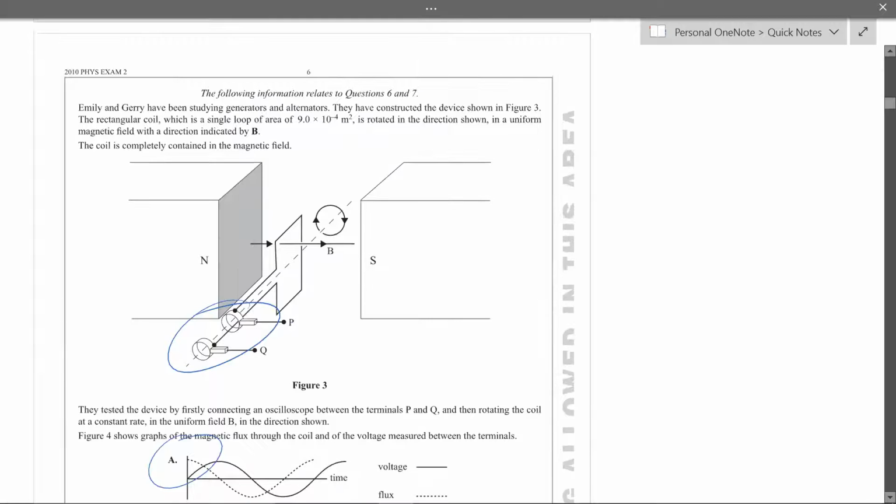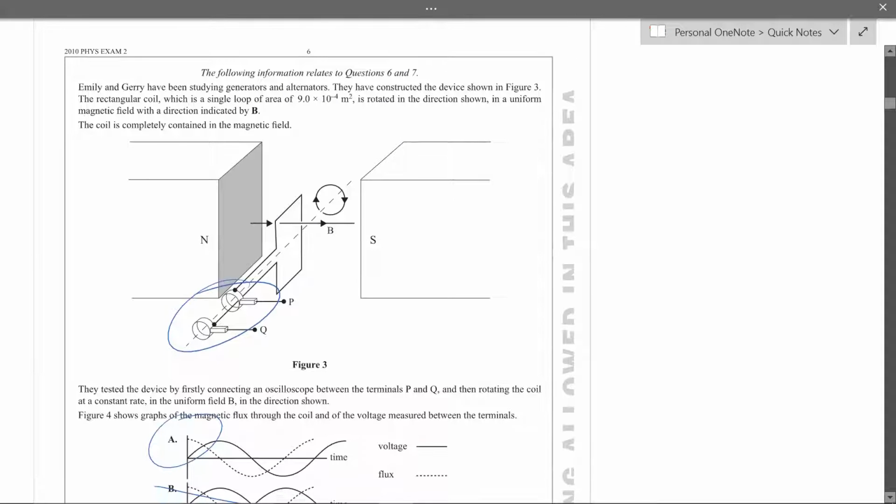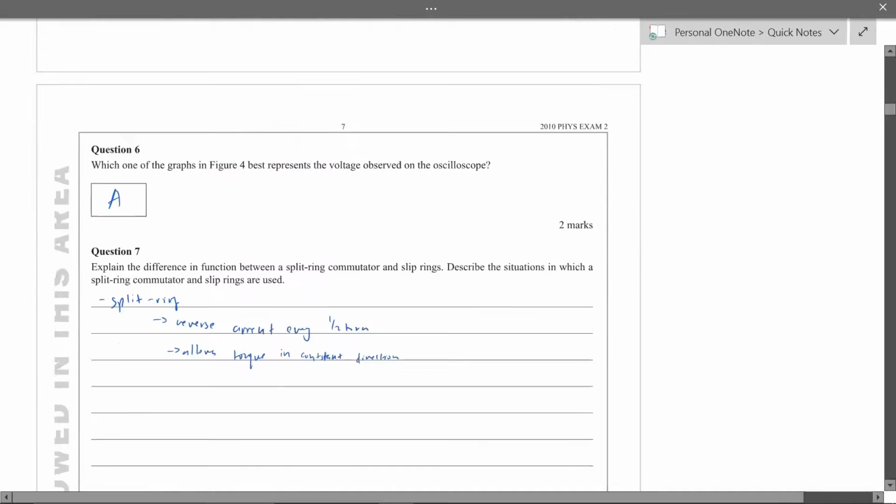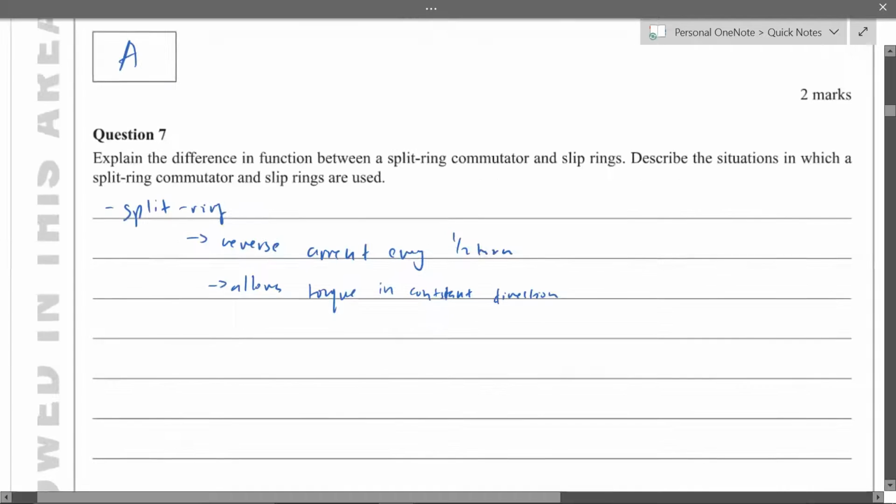And they don't say whether this is a generator or a motor, so I'll just write allows for DC output if needed.